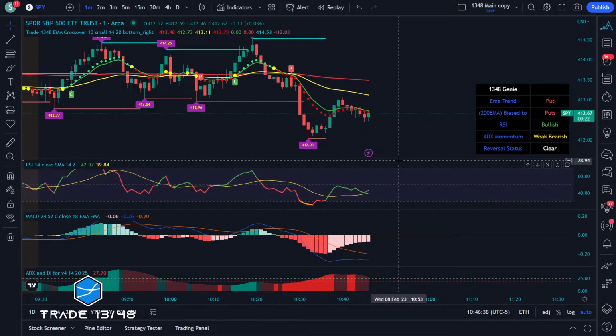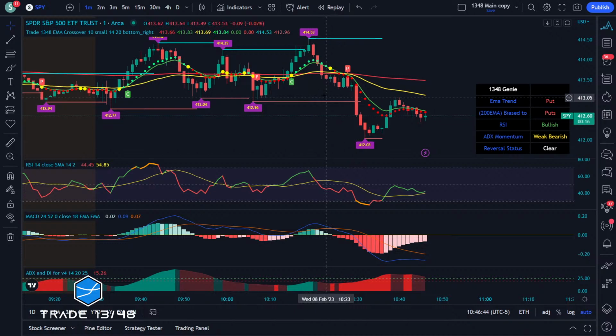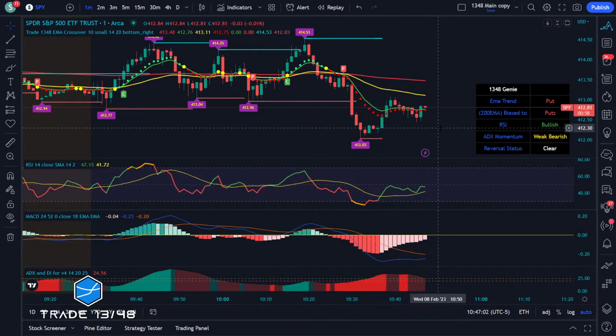All right. So we're talking about progressions here. Now, again, guys, you simply do not want to just look at a traffic light and say, okay, I'm going to go put side. You want to make sure that you have an alignment with these indicators relative to the strategy.